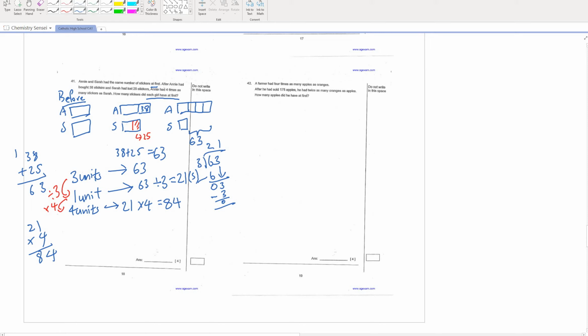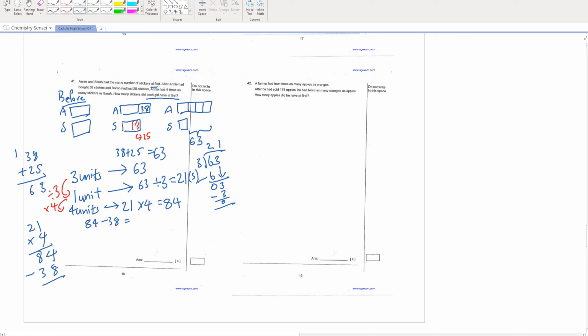So what is the number of stickers Annie had at first? So before, at first, Annie had 38 stickers less because she had bought 38 stickers. So 84 minus 38.